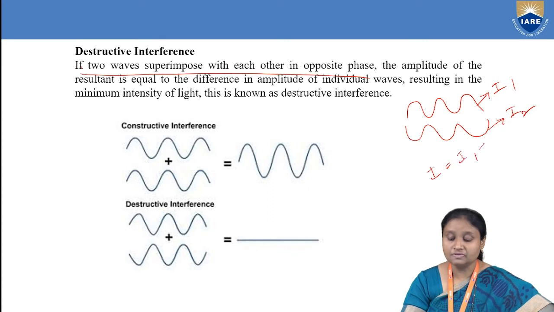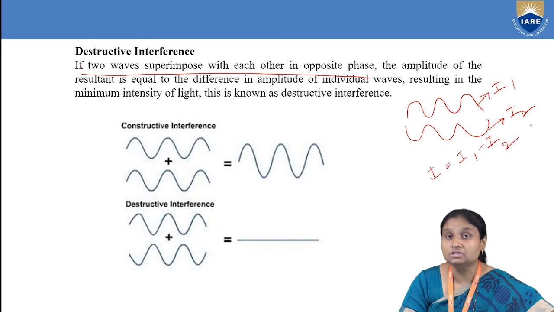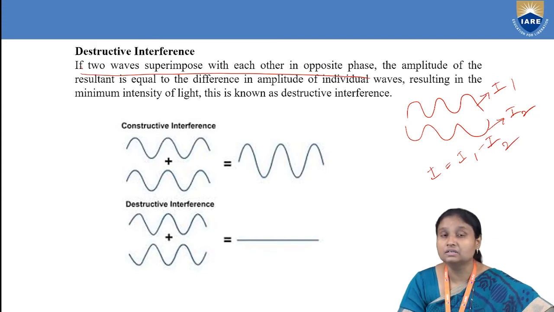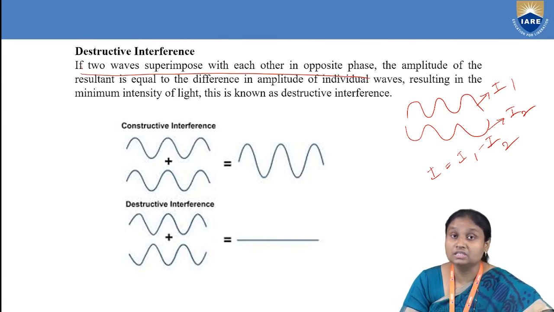Because we are taking the difference between intensities due to individual waves, the resultant intensity will be very, very minimum and it will give rise to a dark fringe. So based on the phase difference between the two waves which are superimposing, we have either constructive interference or destructive interference.